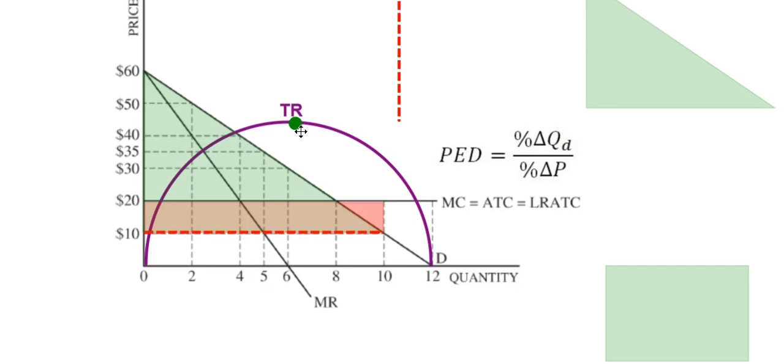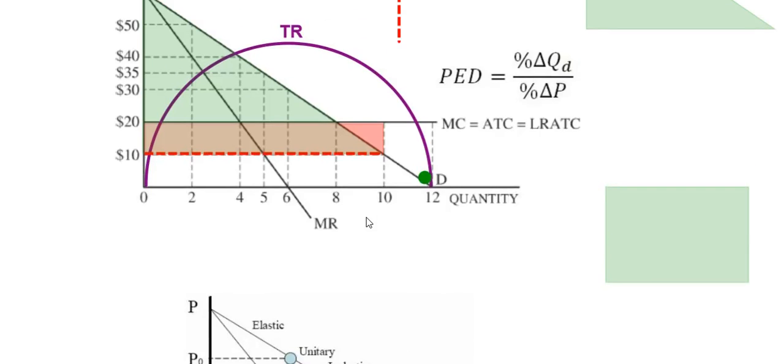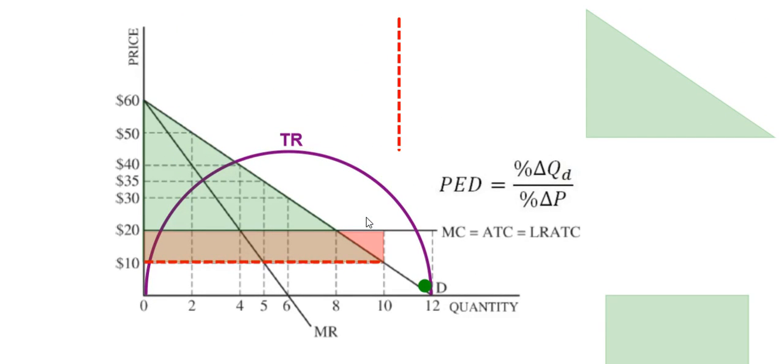So your total revenue starts to decrease as you produce more than 6. And that's why from this point on, your demand curve is inelastic, less than 1. Okay? All right. What else?